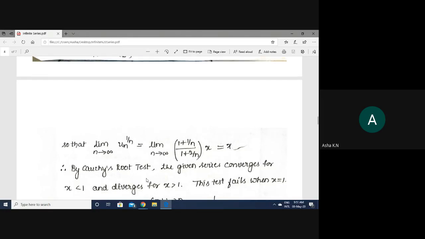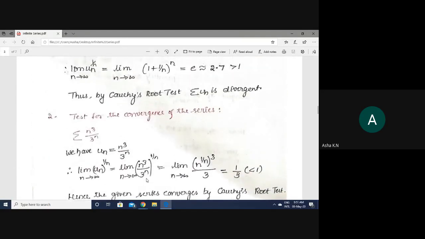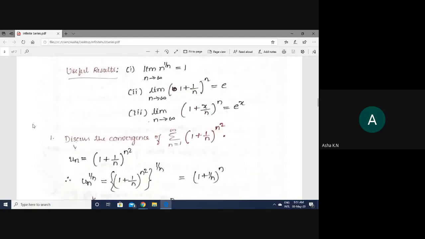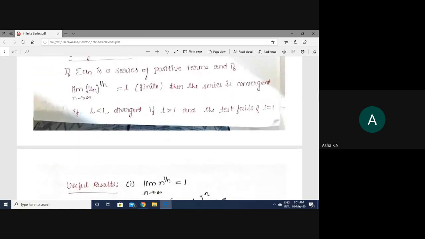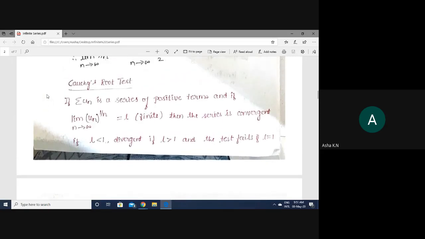And as I said, if by chance, it is not there in your syllabus, if instead of n cube you have minus n whole cube, where the terms are alternating, you may get plus and minus signs. Suppose you have any series like that, then you take the mod of un power 1 by n. That's what you have to do. So this is about Cauchy's root test and ratio test.